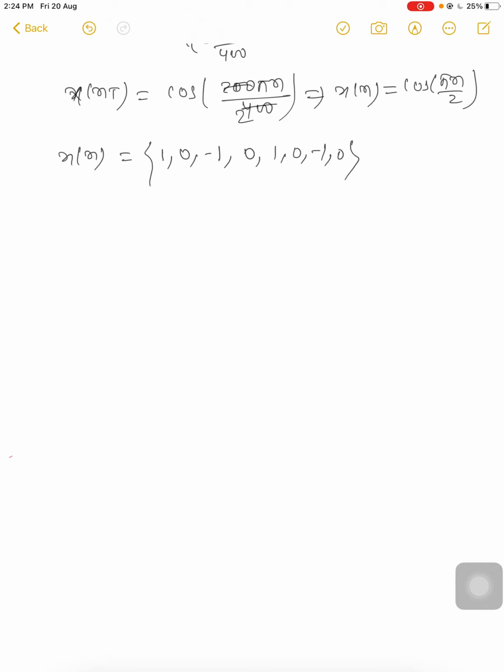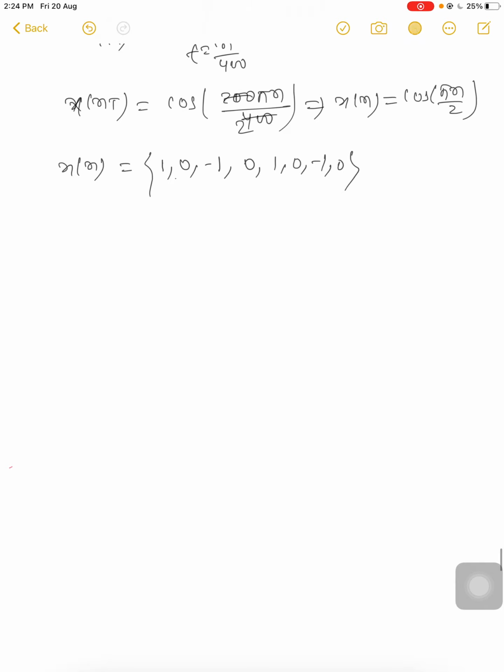And here the 8-point DFT is given. So we have to find out Xk for k from 0 to 7. Xk will be summation of n equal to 0 to 7 of x[n] W8 to the power kn.